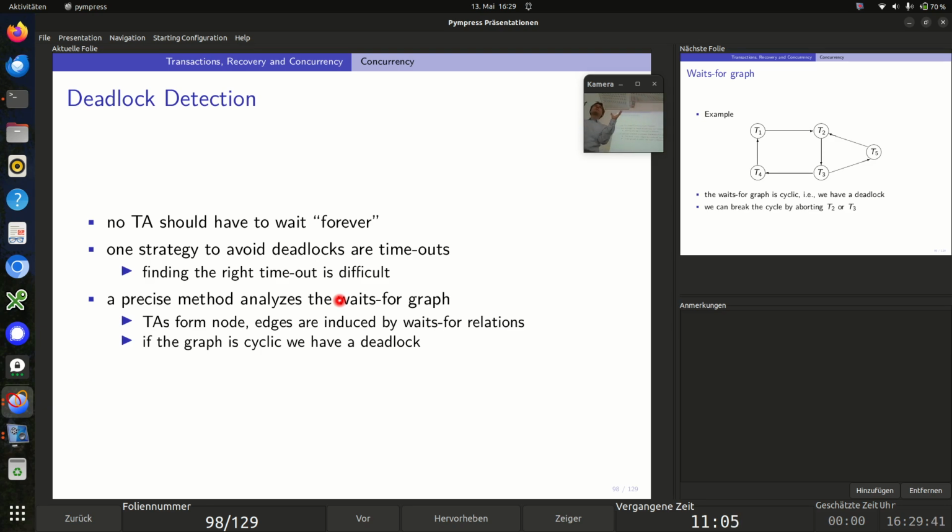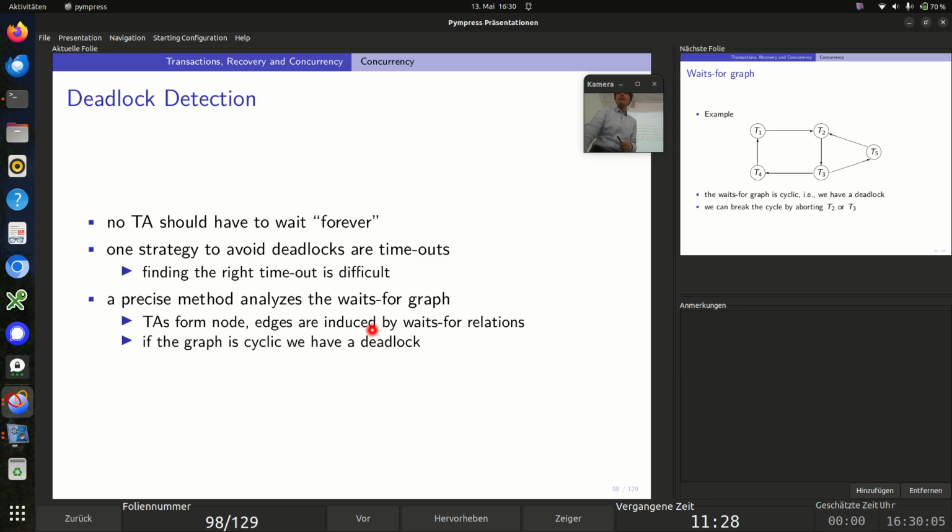So you have to make the trade-off between whether it's a deadlock because the transaction cannot acquire a lock, and whether the transaction is compute intensive. So it's hard to find a good timeout for killing the transaction.